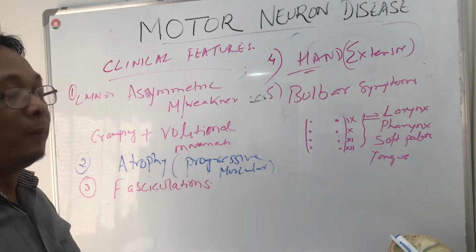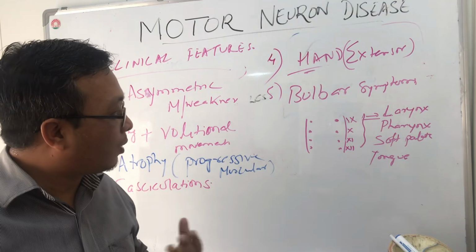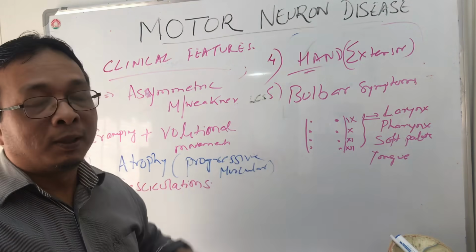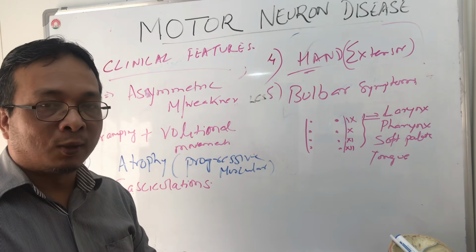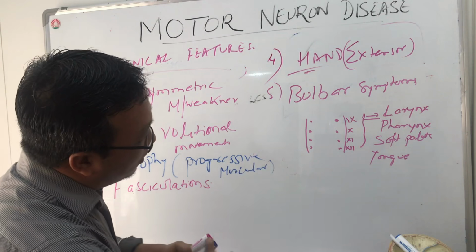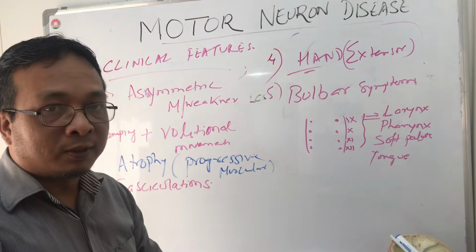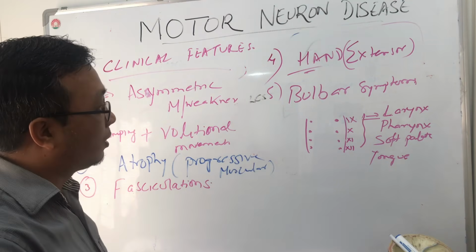So there will be bulbar symptoms sooner or later as the disease goes on and on. All the bulbar symptoms like problems in chewing, difficulty in swallowing, changes in the voice, regurgitation, and drooling of saliva may occur.